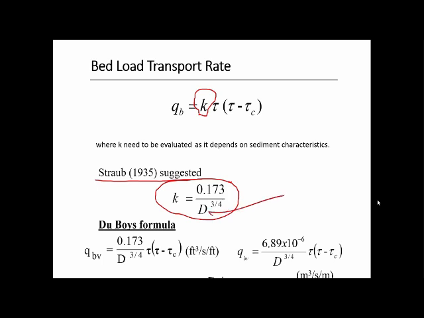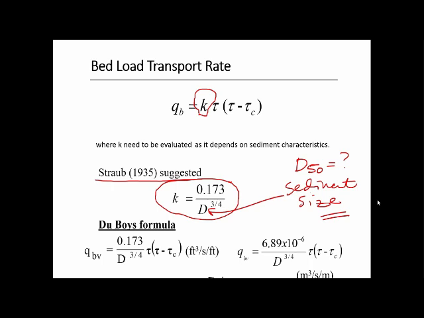So now D here is your sediment size. Okay, so your sediment size. So if it is not given to you, what is the size of the sediment, then we normally take it as a D50, okay, as our sediment size in this equation.